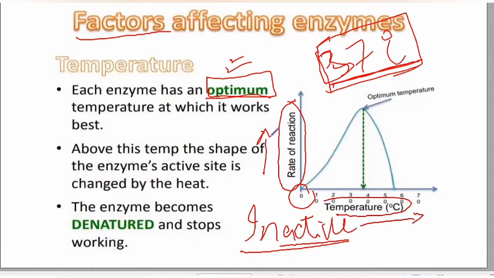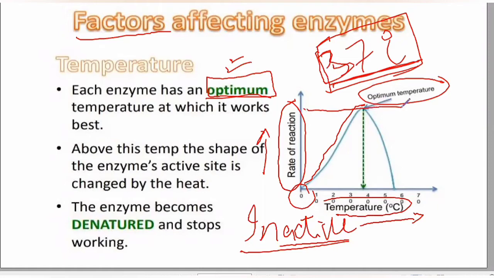At 0 temperature, the activity is also 0. As we increase the temperature, the activity goes upward, and at this particular temperature, which is the optimum temperature, the activity of the enzyme is maximum, right?